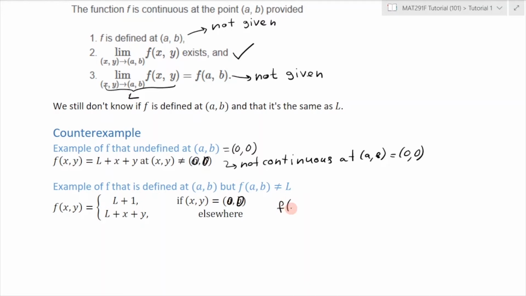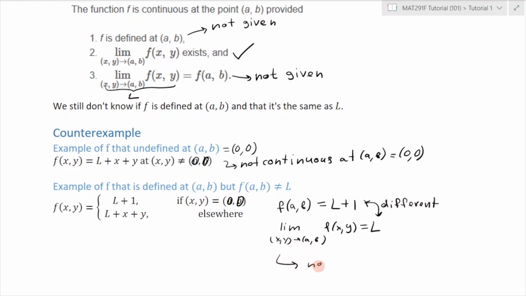So f at AB equals L plus 1, while the limit as x, y approach AB of the function is equal to L. So these are different. So this one is also not continuous at the point AB equals (0, 0).